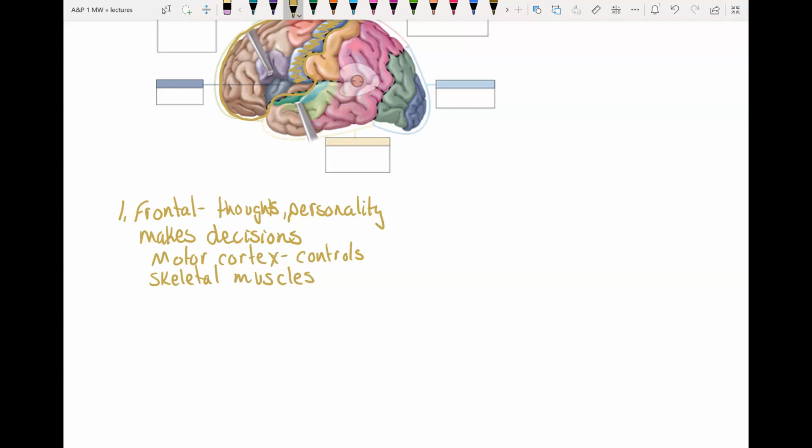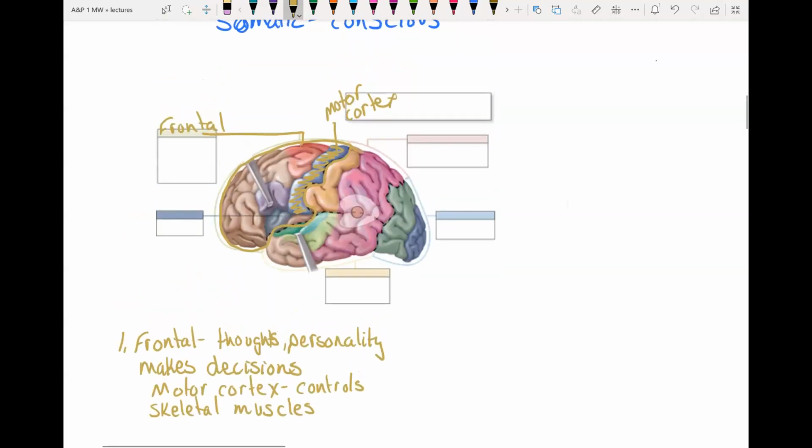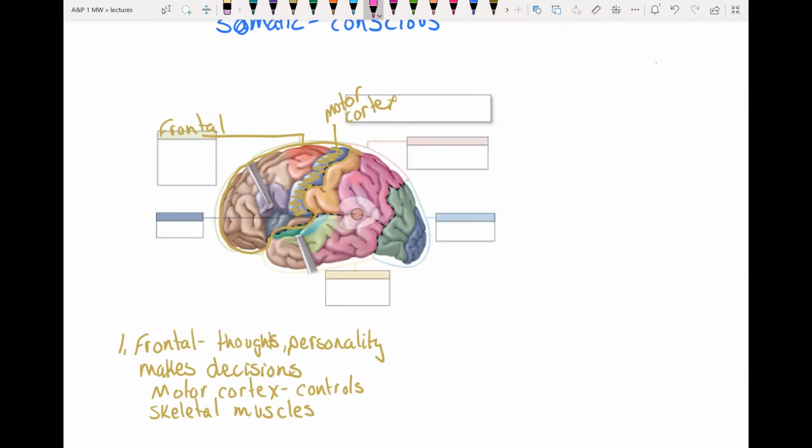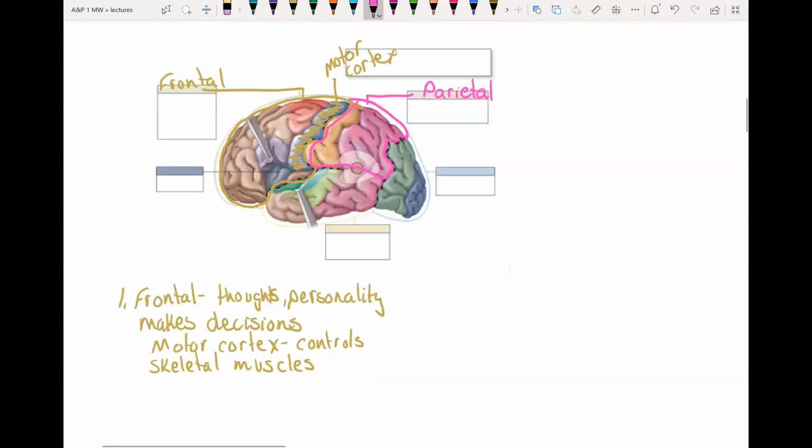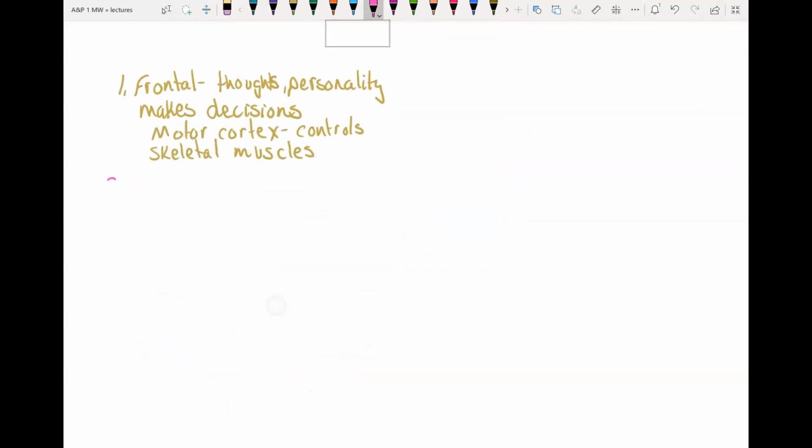The next part is parietal. That is right here behind the frontal. Parietal is what has your sense of touch.